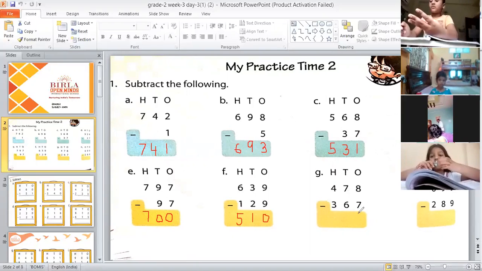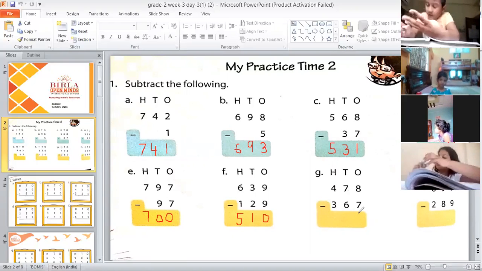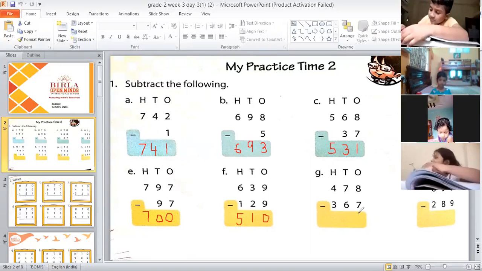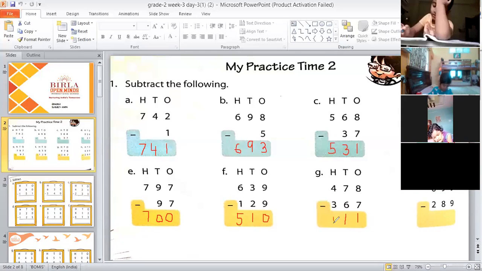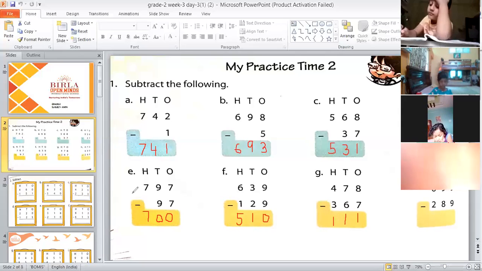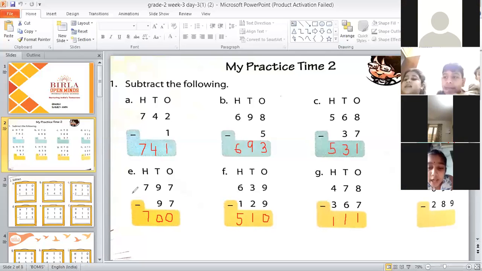Now tell me what we will write in one's place. 8 minus 7? 1. Very good. Then 7 minus 6? 1. Very good. And 4 minus 3? 1. What is the answer? How you will read this number? 111, ma'am. Very good. Answer is 111.